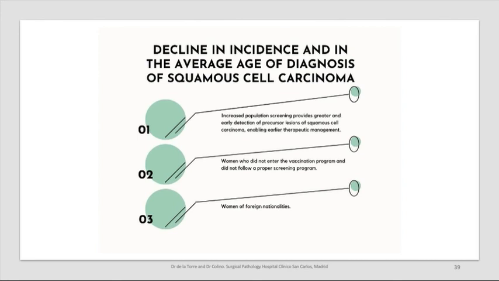However, the average age of diagnosis in our area has risen from 29.5 years in 2002 to 54 years in 2021. This increase can be attributed to factors such as women not entering vaccination programs, not receiving vaccination, lacking proper screening, or being of foreign nationalities.